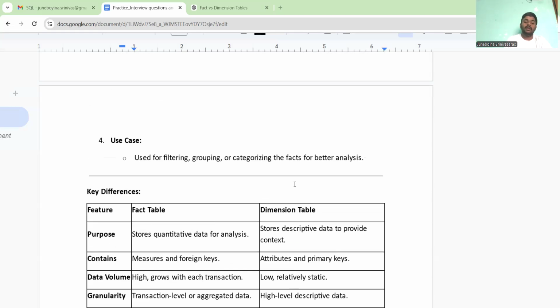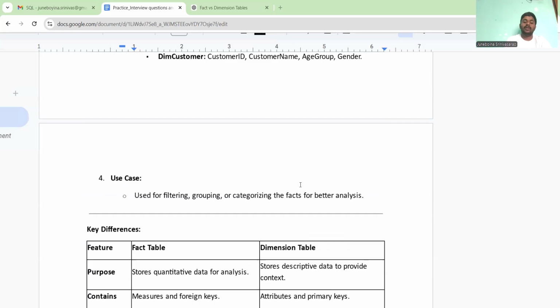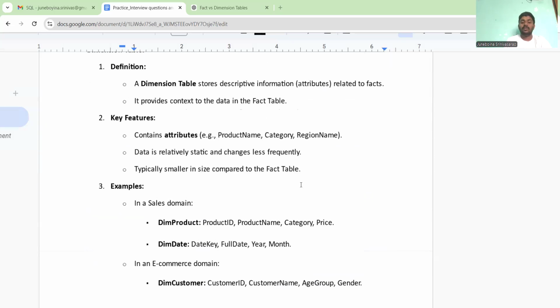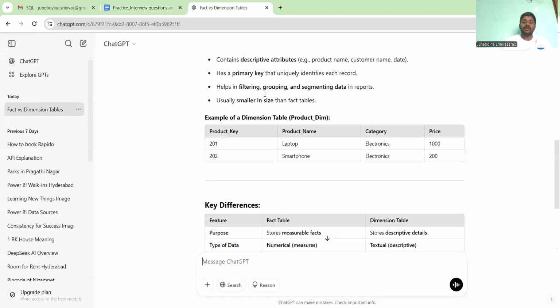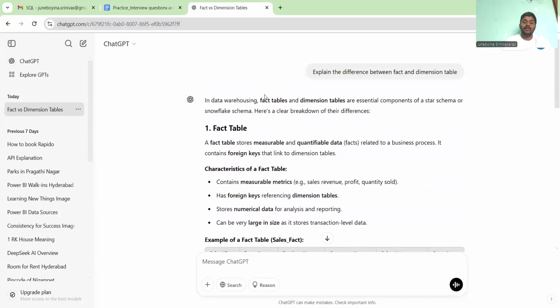These are the main differences and importance of fact and dimension tables in the data model design. You can understand this in a simple way by using ChatGPT. In data warehousing, fact table and dimension tables are essential components of a star schema or snowflake schema.